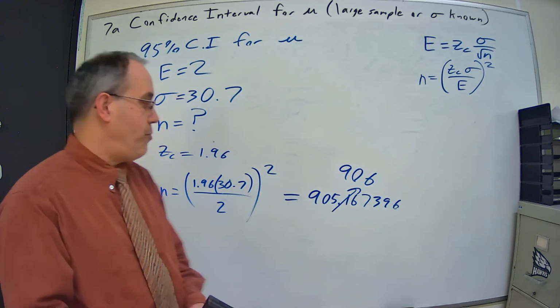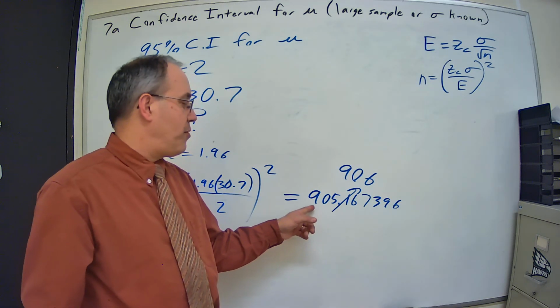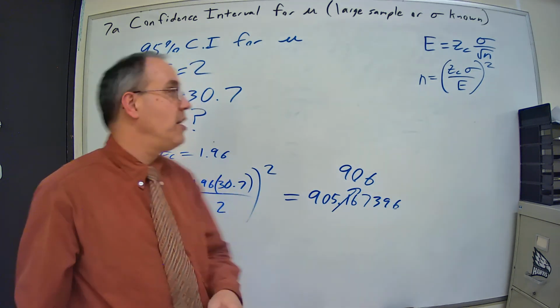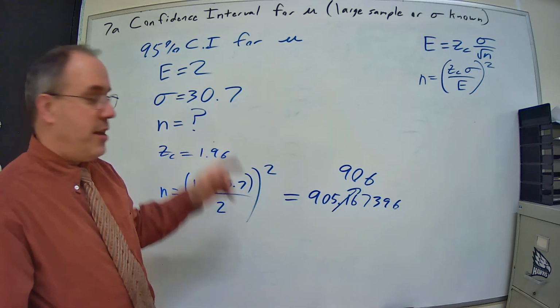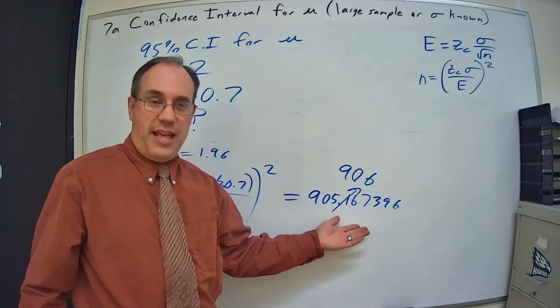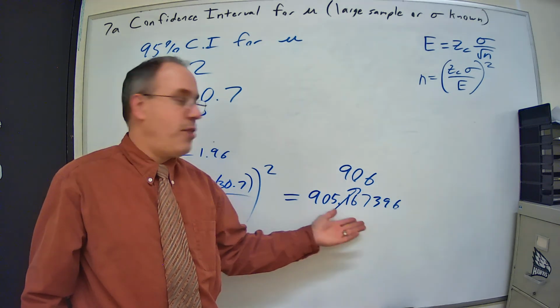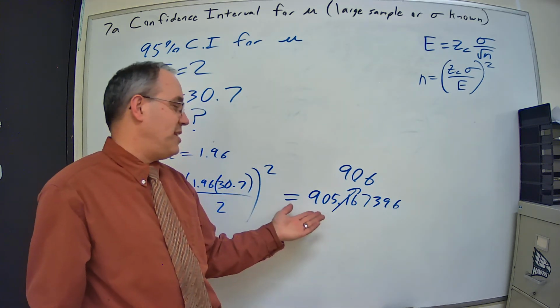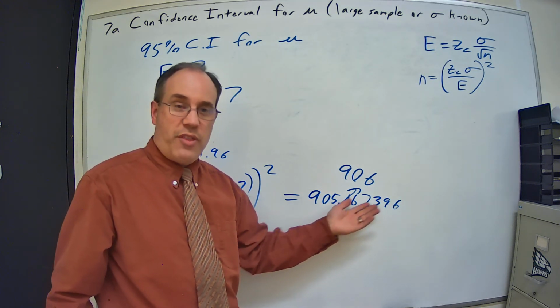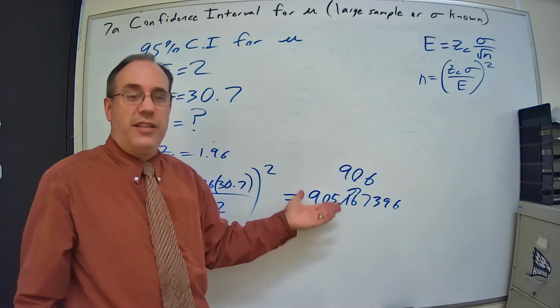Why did I round up? Because we need a minimum of 905.167396 to meet our criteria. If we rounded down, we would not have that minimum, we would have less than that value. Right? We need at least this many, so we need at least 905 and a little bit. If we get rid of that little bit, we haven't reached that at least.